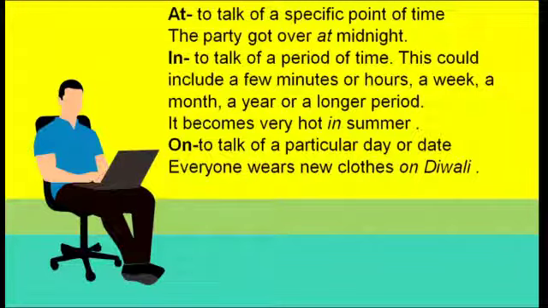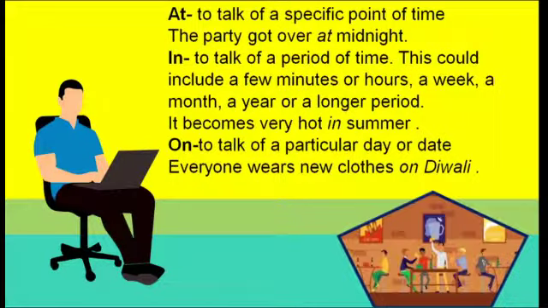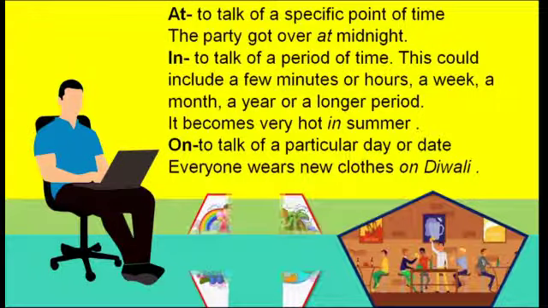At, in, on. At we will use for a specific point of time. Like the example: the party got over at midnight. So this is a point of time. And in is used for a period of time. It can include a few minutes, hours, a week, a month, a year, or a longer period. Like for example, it becomes very hot in summer.